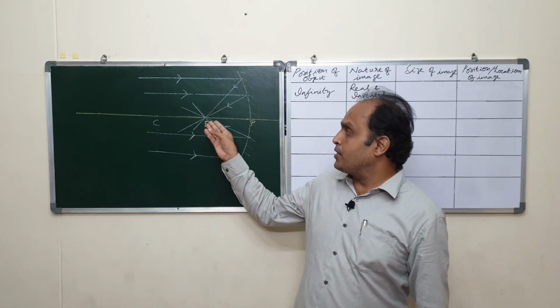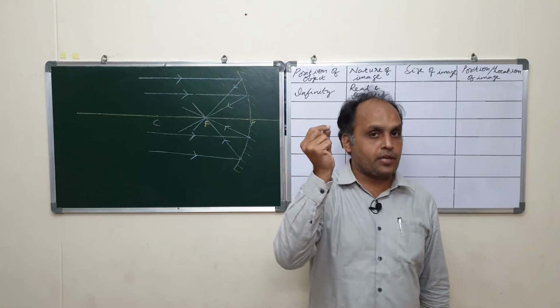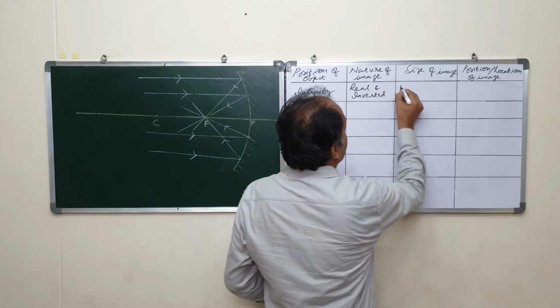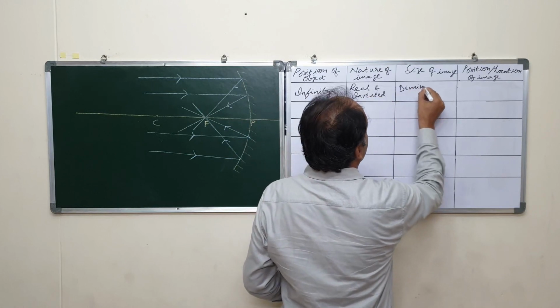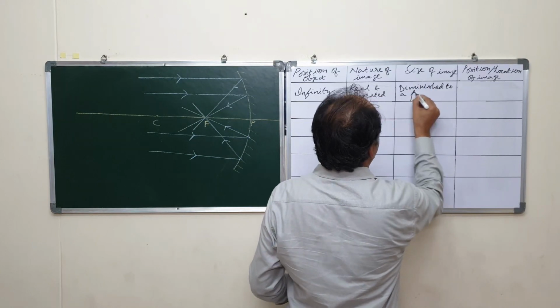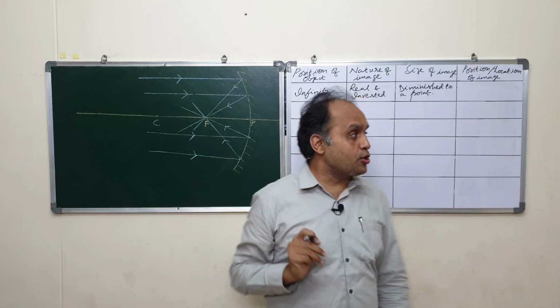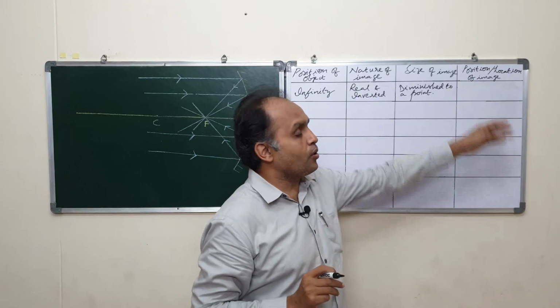And coming to the size of the image, it is barely visible over there. So it's a tiny dot. So the image is diminished to a point. That's the size of the image, diminished to the point. Now where is the position or location of the image?